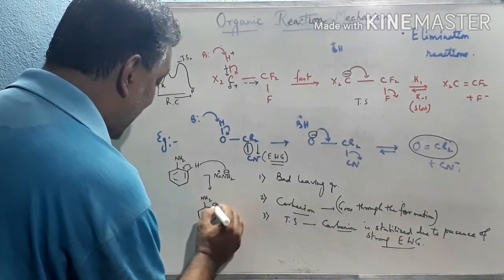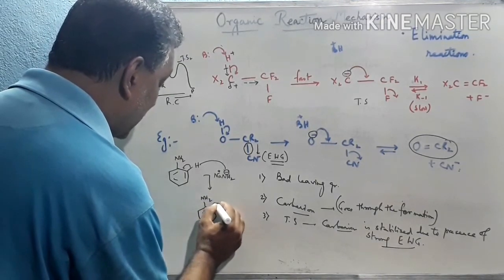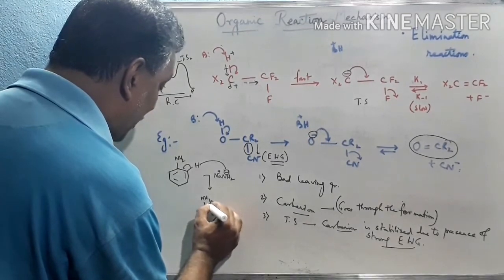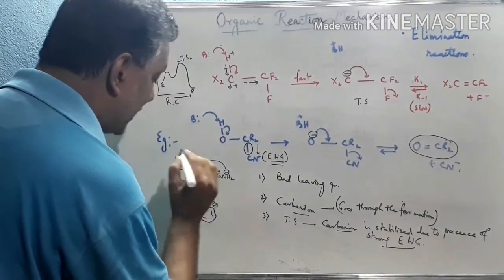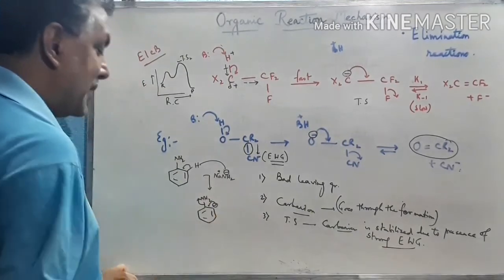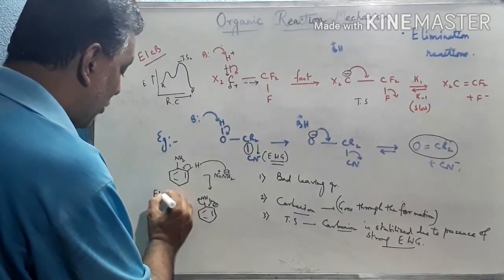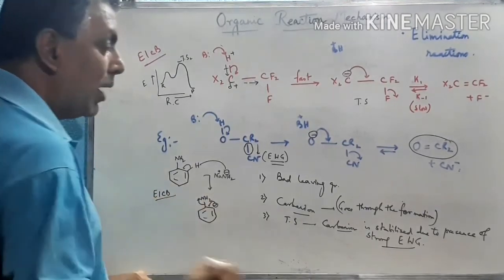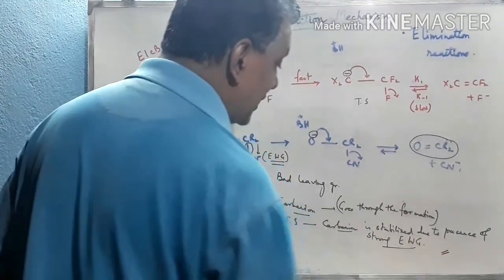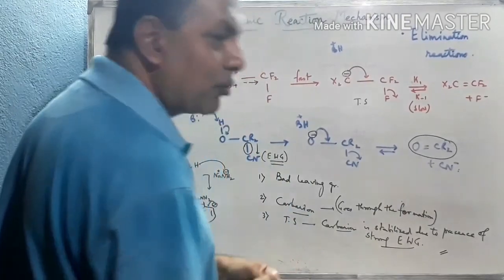Now as it generates an anion, it insists to liberate this NH2 through the formation of a benzyne intermediate. So such type of reaction mechanism is also called the E1CB mechanism, that means elimination unimolecular with respect to the conjugate base.